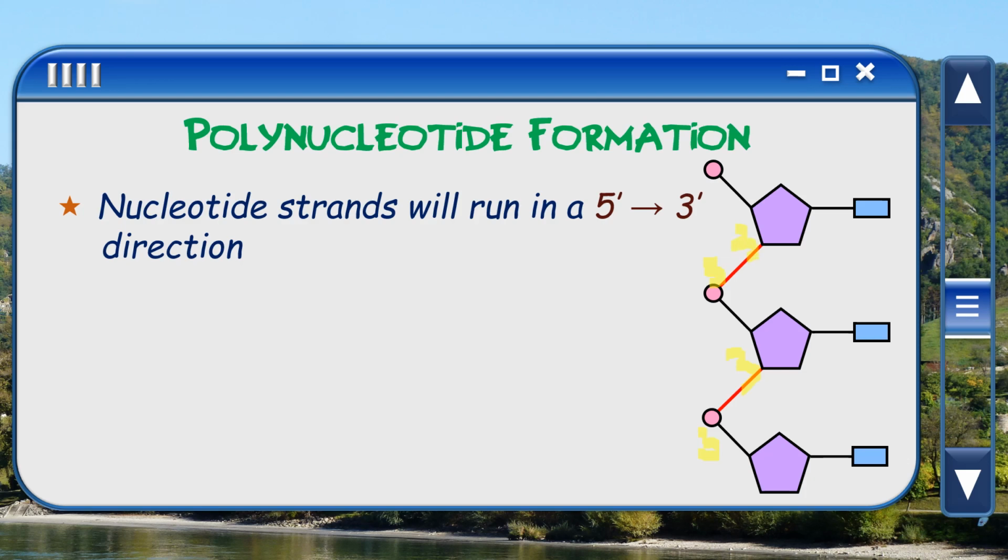So it is running from 5 to 3. That is how the line is running. That's why it says that the nucleotide strand runs in a 5' to 3' direction.